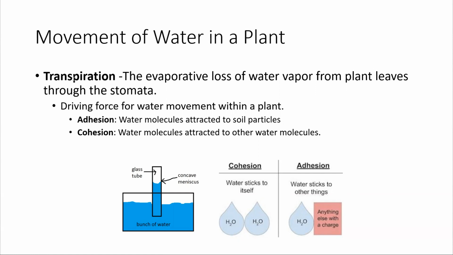The intent is to release oxygen, right? But in the process, it's also releasing water vapor, which is a loss of water, but in that process, it's pulling water up and through the xylem, okay? And that works through cohesive tension and adhesive tension. That cohesive tension is the tendency of water to stick to itself, and the adhesive tension is the tendency of water to stick to other things.